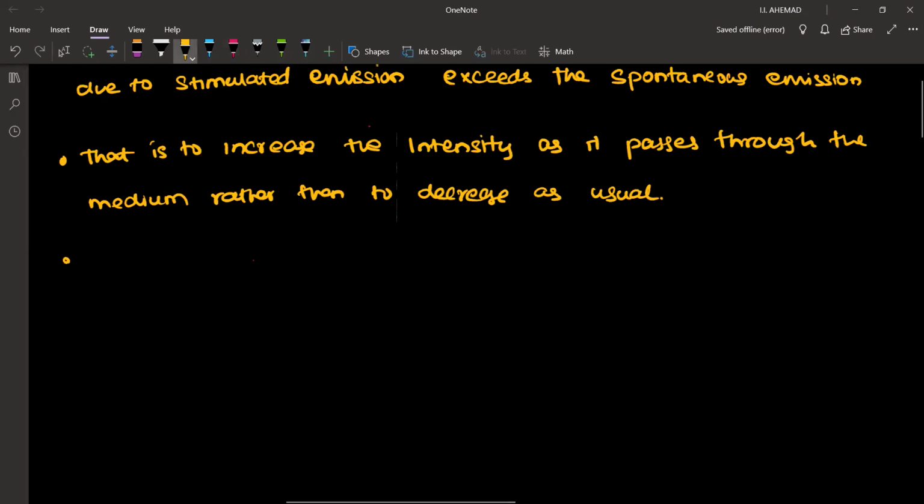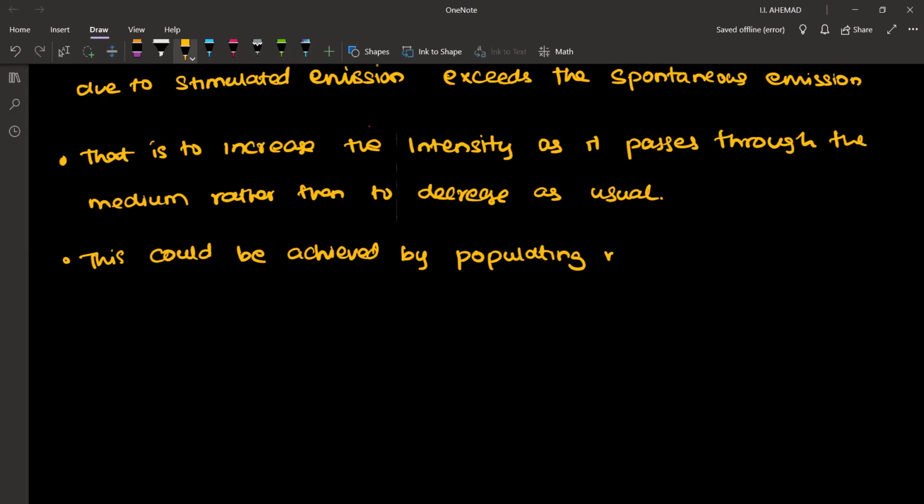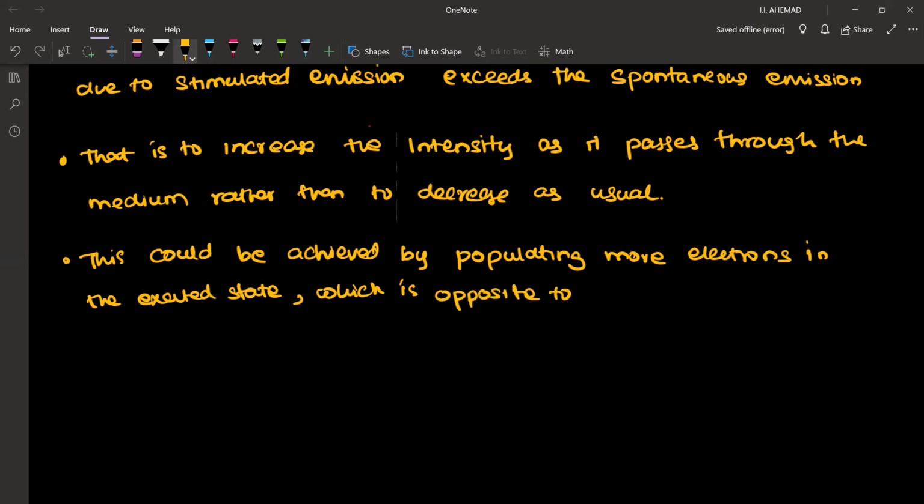So let's write down the point. This could be achieved by populating more electrons in the excited state, which is opposite to normal affairs.